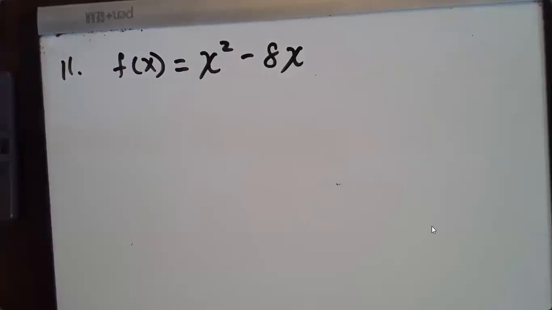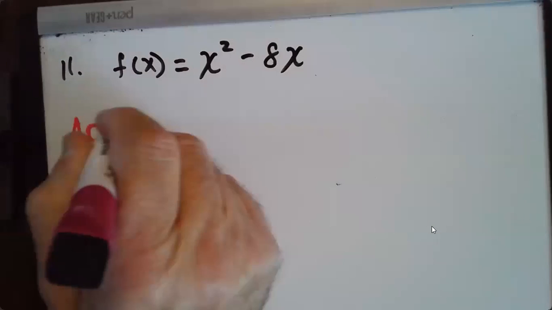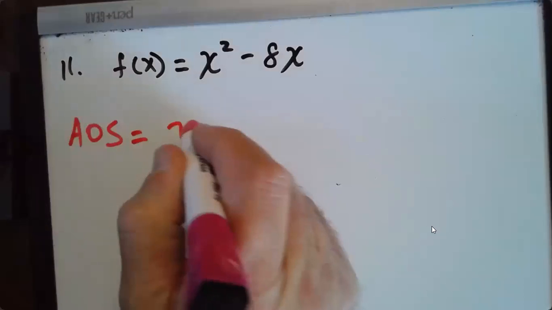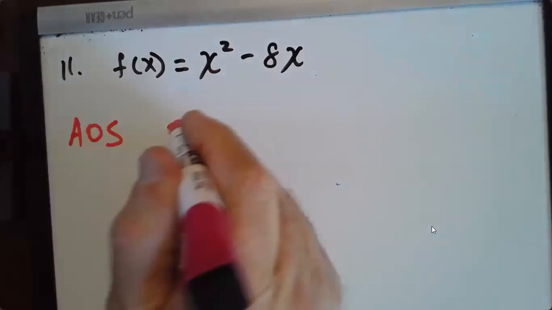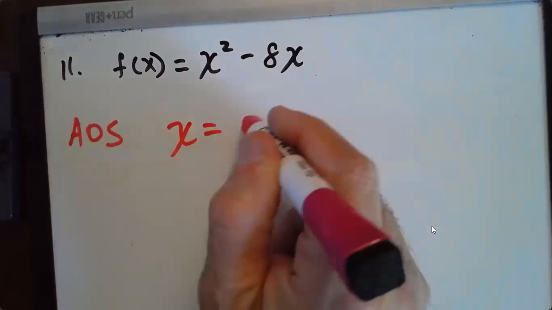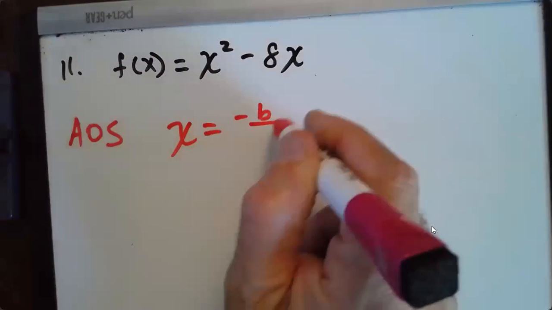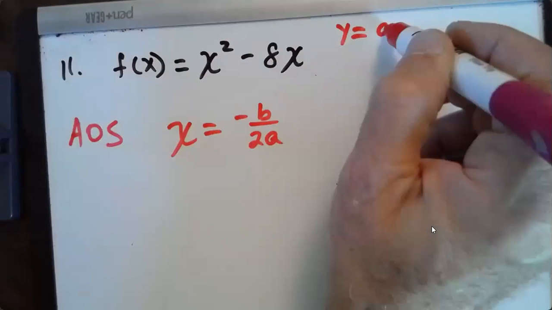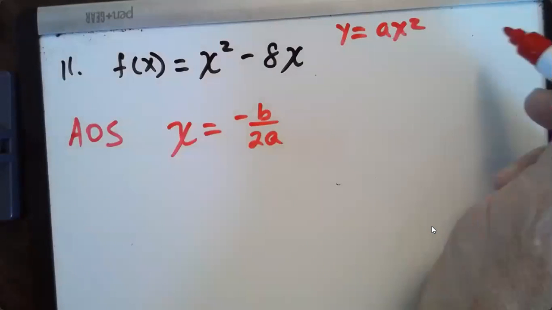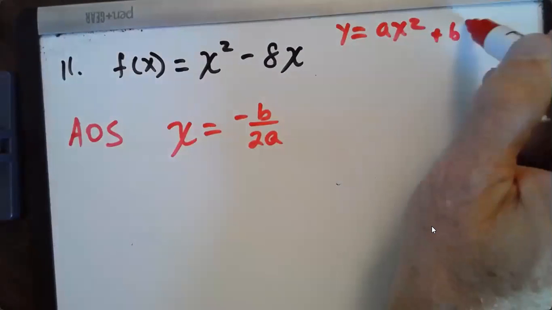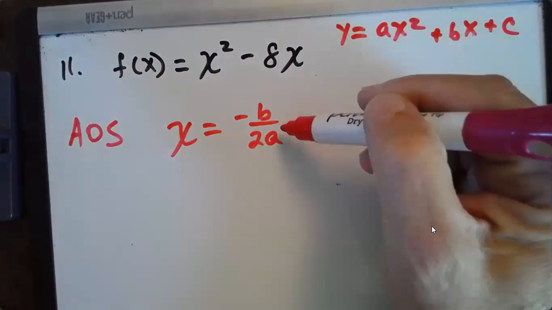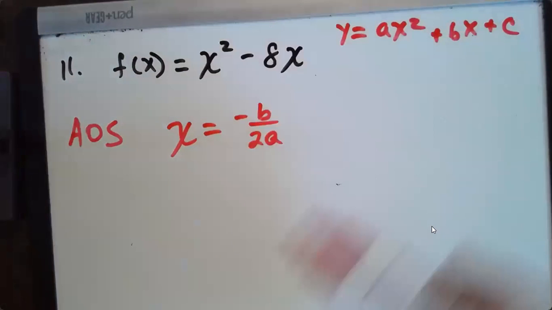So in the axes of symmetry, and we'll just abbreviate it AOS for axis of symmetry. The axis of symmetry equation is negative b over 2a, where a is the coefficient of x squared, b is the coefficient of x, and c is a constant, but we don't need c in the axis of symmetry.